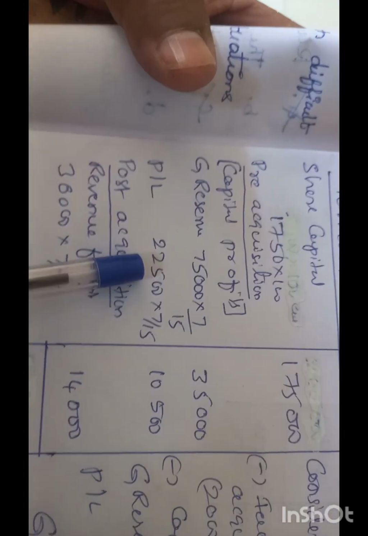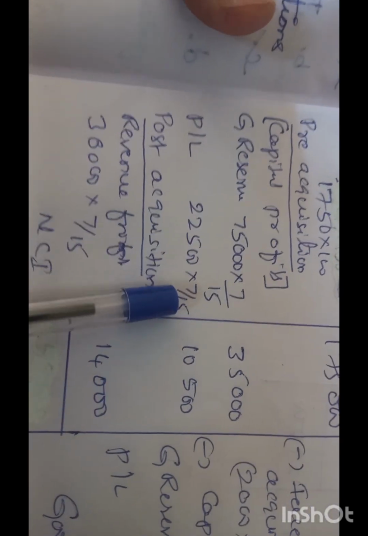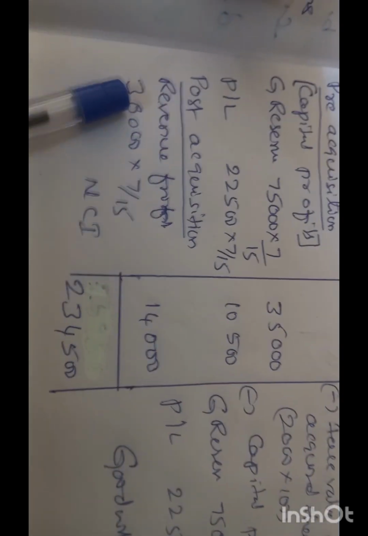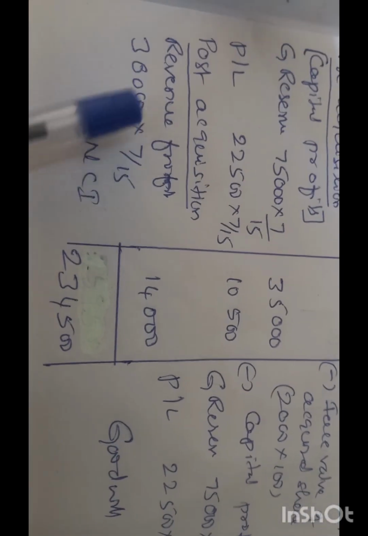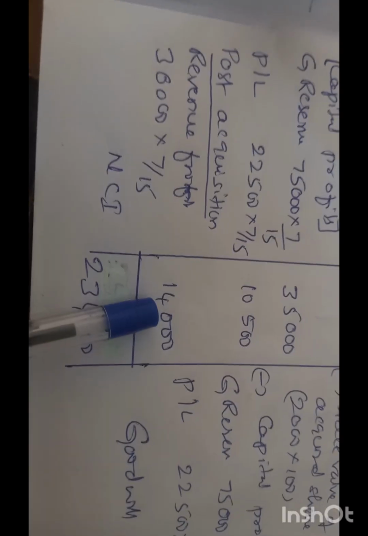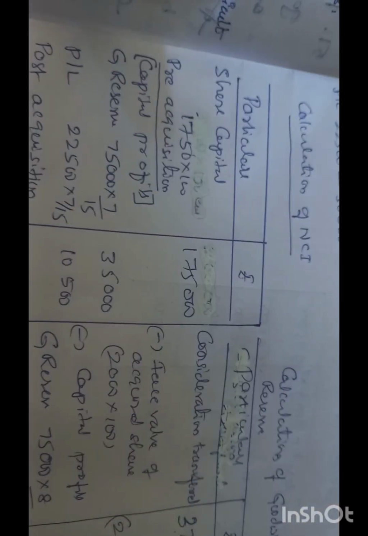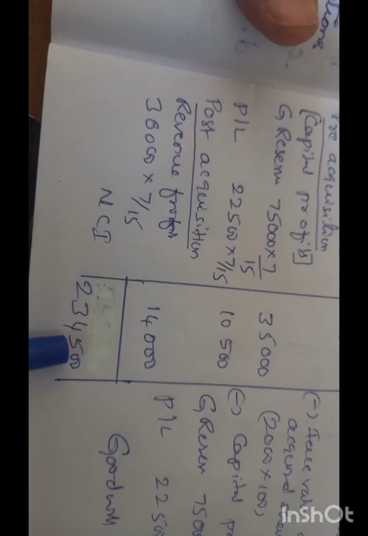Same before, we have profit and loss account 22,500, 7/15, we will get 10,500. Post acquisition, that is only 30,000. So 30,000 into 7/15 will get 14,000. So total of all this, 2,34,500. So non-controlling interest total 2,34,500.